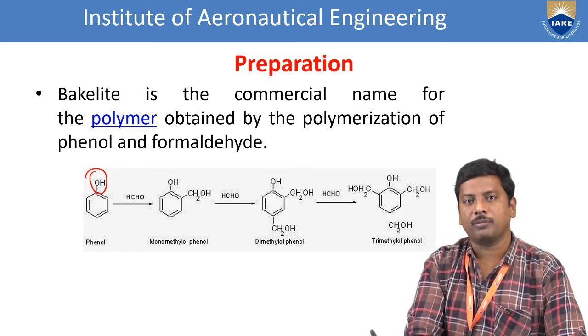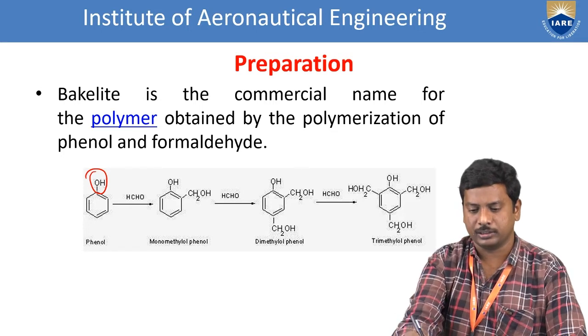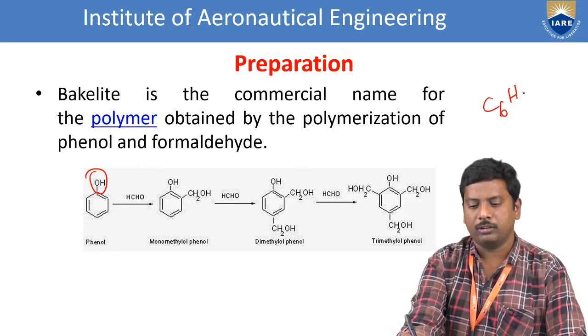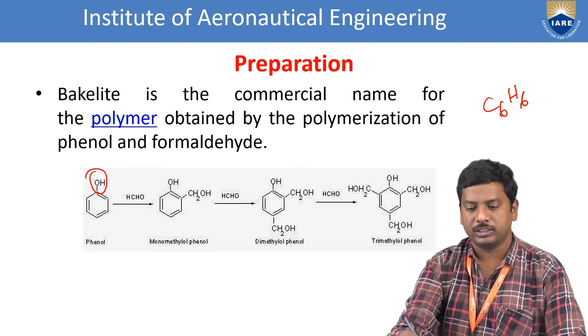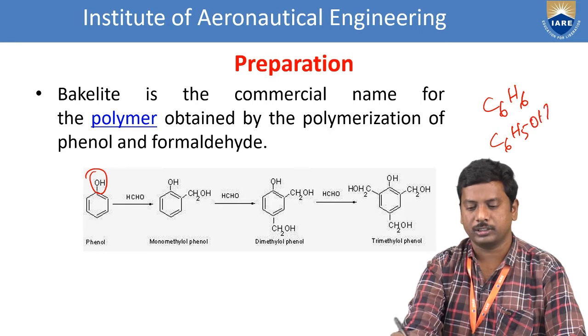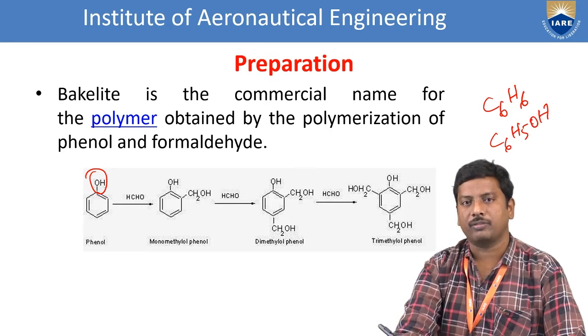The formula for benzene is C6H6, and for phenol, one hydrogen is replaced by the OH group, that means C6H5OH. So this is the formula for phenol.